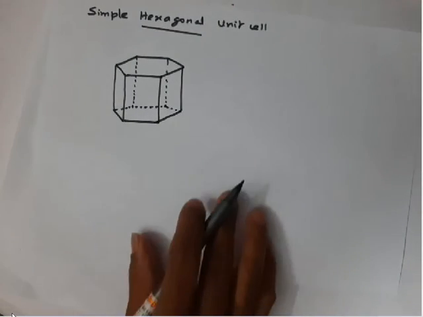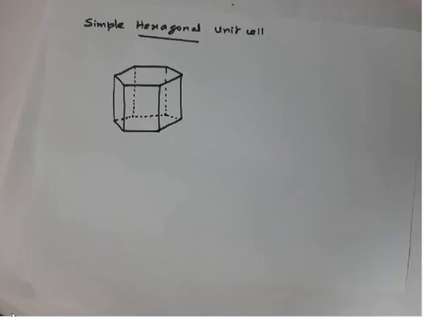This is how a hexagonal unit cell will appear. How many faces are there in a hexagonal unit cell, students? 8. Very good.